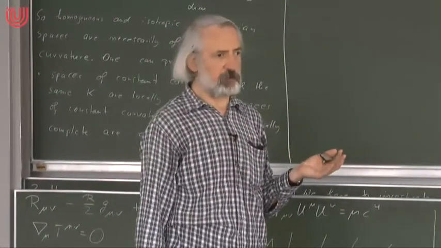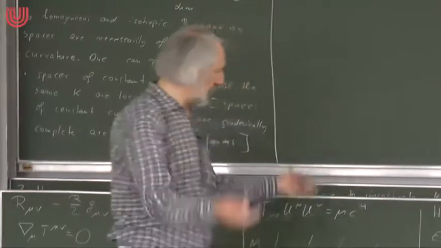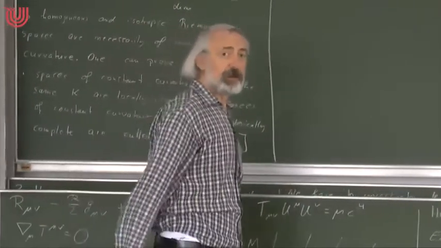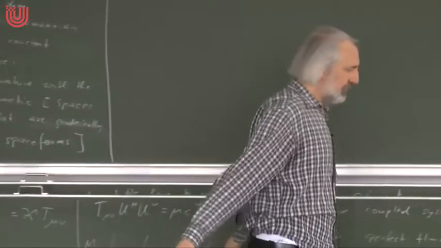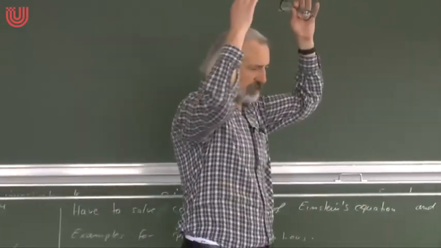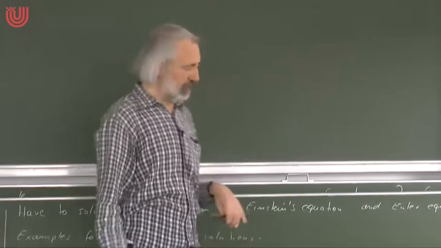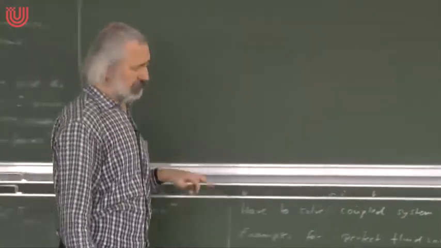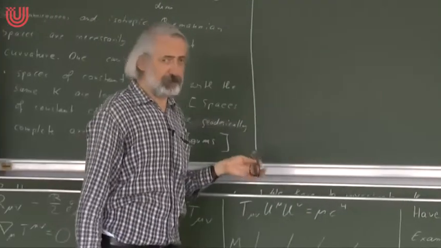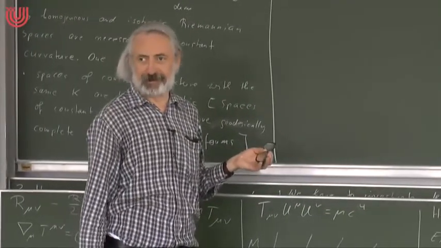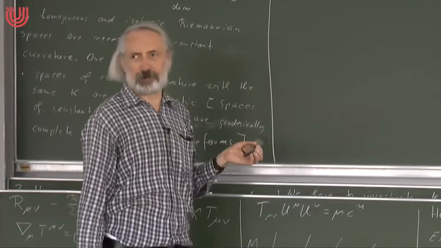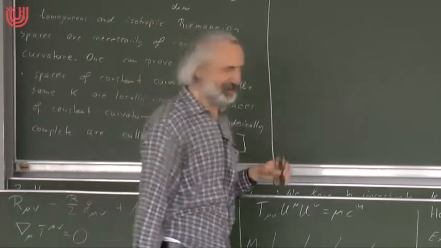So this reflects a symmetry. We say that the vector field d by dt is a Killing vector field. If I move along the flow lines of this vector field, then the metric doesn't change. I see always the same metric in my neighborhood. By the way, this name Killing vector field has nothing to do with the English word to kill. It is named after a German mathematician named Wilhelm Killing.